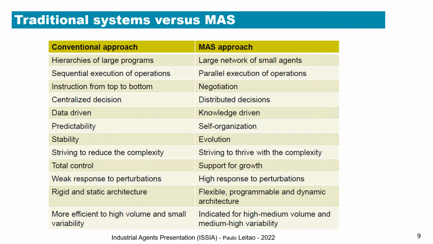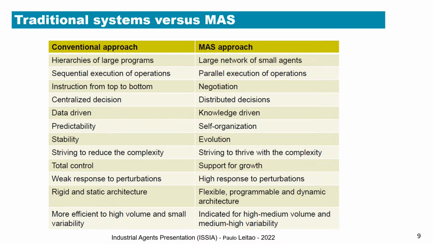For example, hierarchies of large programs, while in a multi-agent system we have a large network of small agents. The execution of operations in the conventional approach is sequential, while in the multi-agent system agents can have parallel operations.